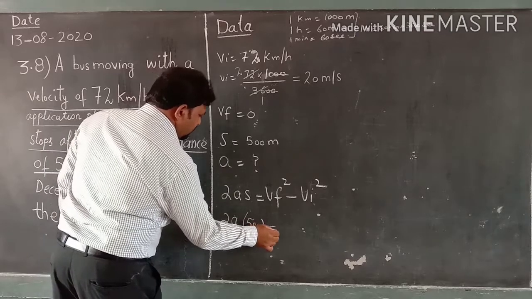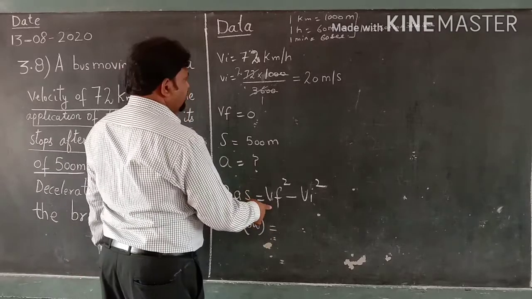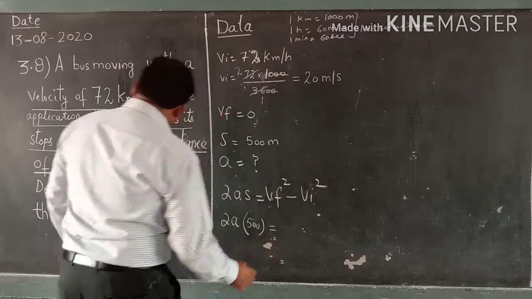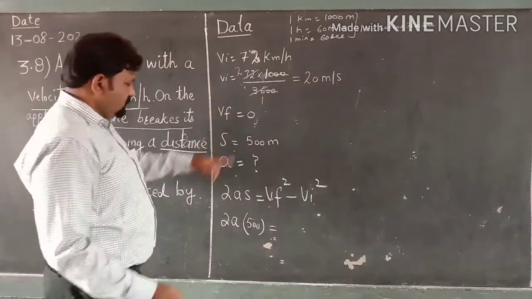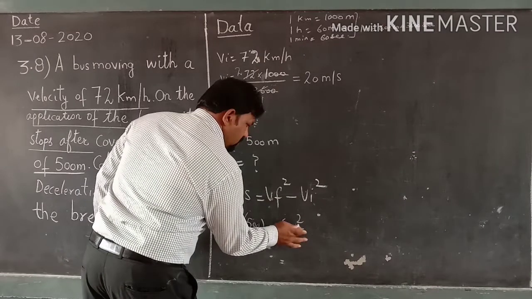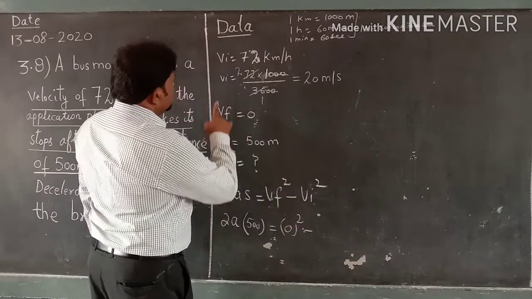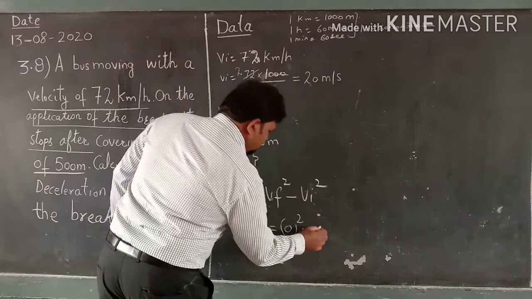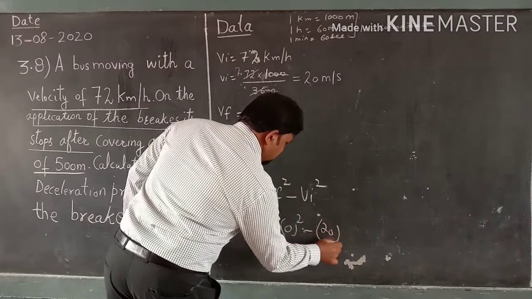So Vf is equal to 0, so we write 0 square, minus Vi is equal to 20, so we write 20 square.